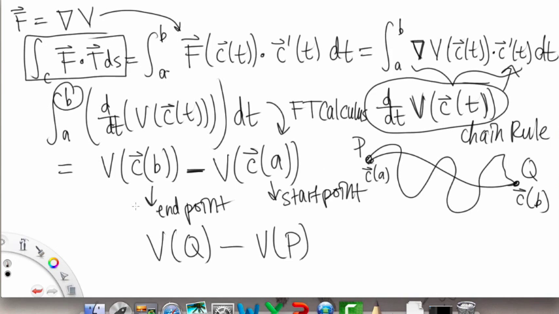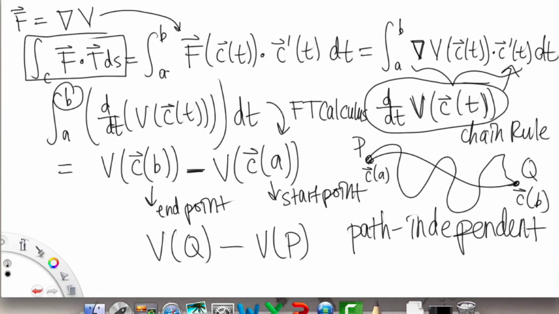This is called path independent. That's kind of self-explanatory: the line integral does not depend on the path you take from start to finish. You could even go all around and then come back to the same ending point and you would get the same thing.